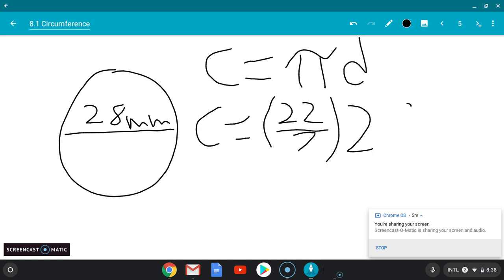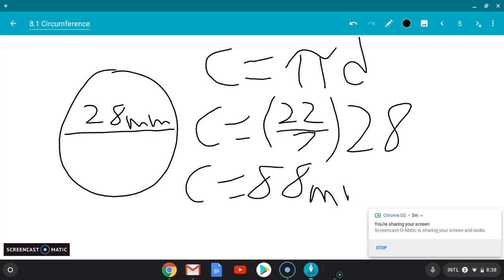I'm going to multiply that times 28. Now, you could use 3.14. I'm just going to put 22 over 7 in parentheses. I'm going to multiply that by 28. That's going to be the same thing, and it's going to get me a circumference of 88 millimeters.